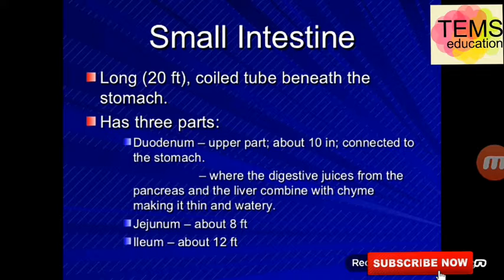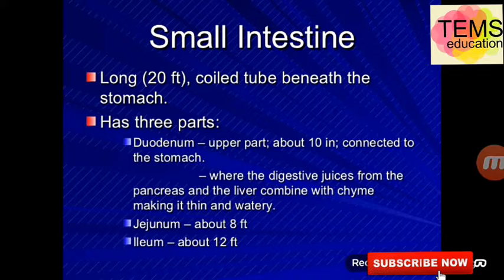The small intestine is very long, about 20 feet, a coiled tube beneath the stomach, and has three parts: the duodenum, jejunum, and the ileum.